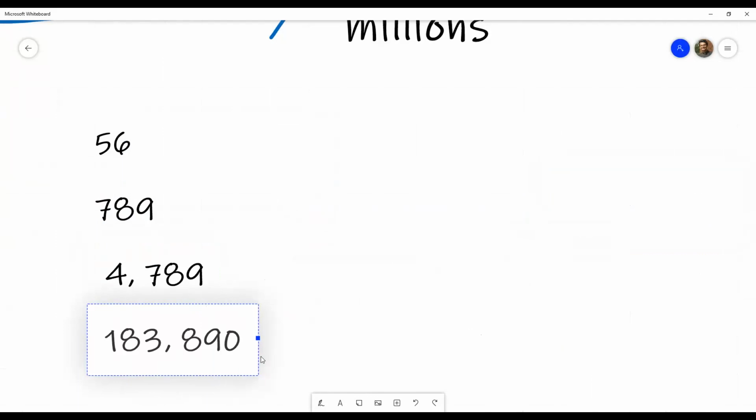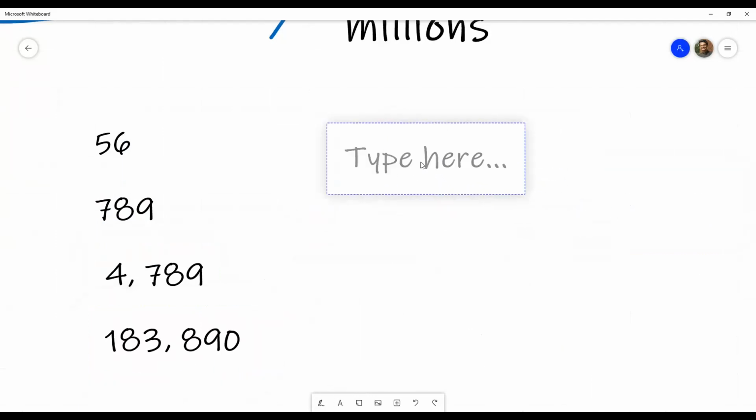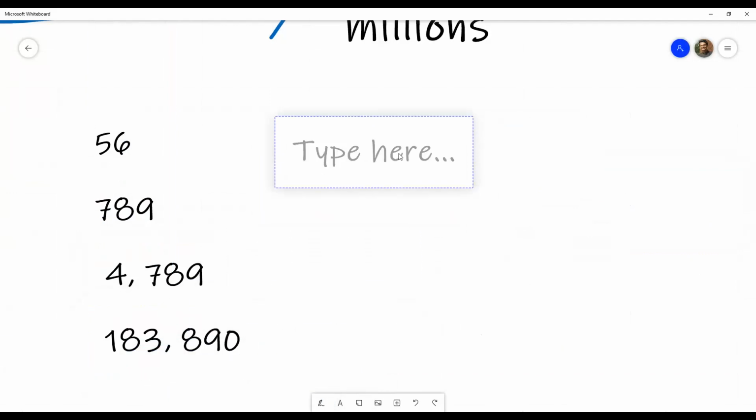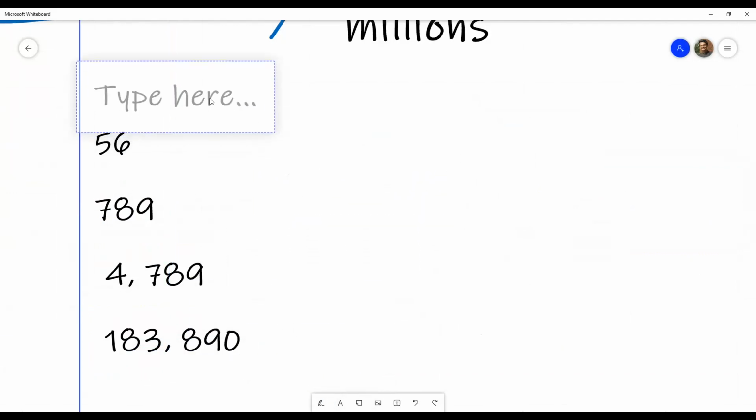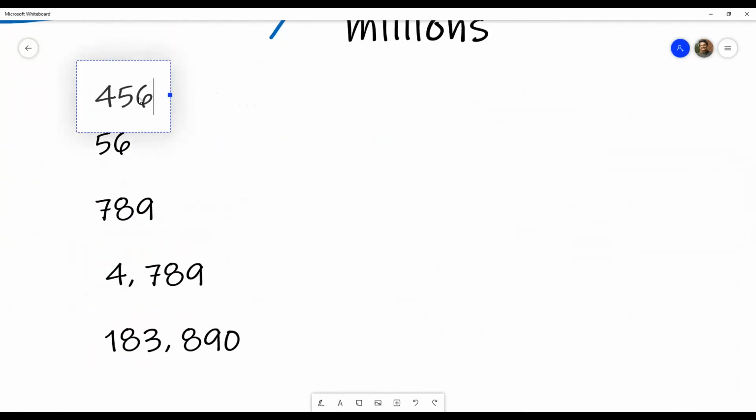Don't rush, all of you, just take it easy, slowly, and we're going to move on to the next one. This is the fifth one. I just typed random numbers on my keyboard.